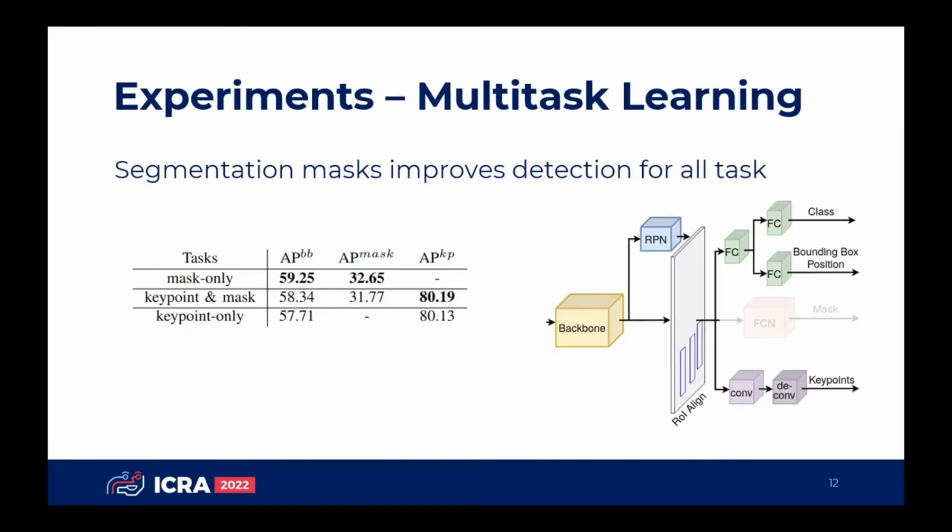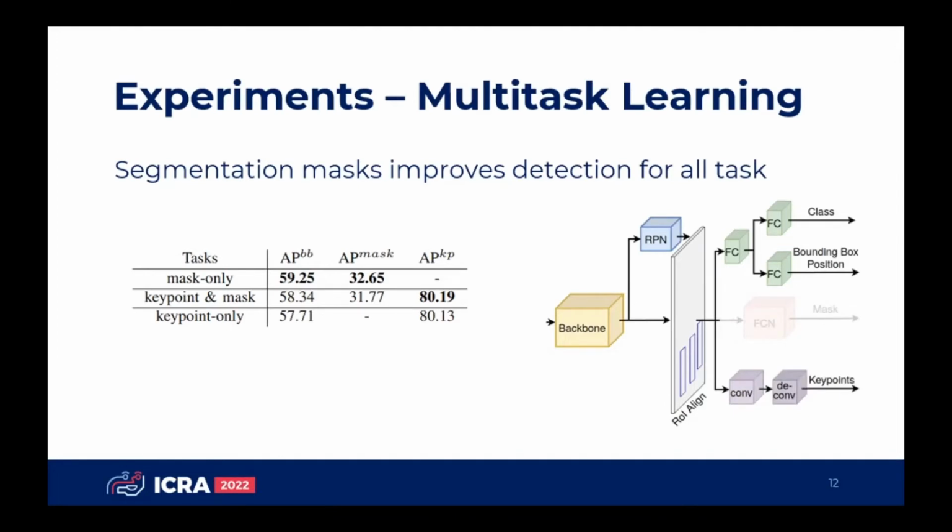To evaluate whether the mask or key points annotation should be included in the dataset, we ran a multitask learning experiment. We keep the class and bounding box branch as seen on top, but we disable either the mask or key points, as seen in pale.